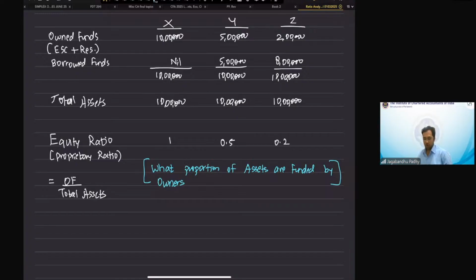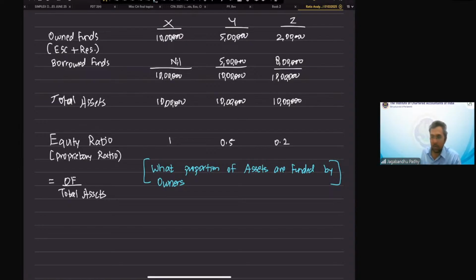So we want to know what proportion of assets are funded by owners. That's the equity ratio. Okay, so the equity ratio is telling us what proportion of assets are funded by owners.